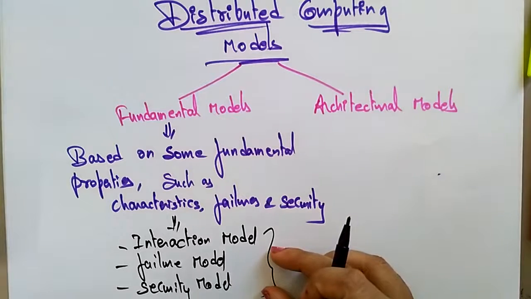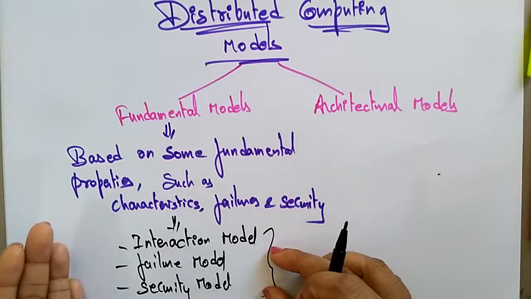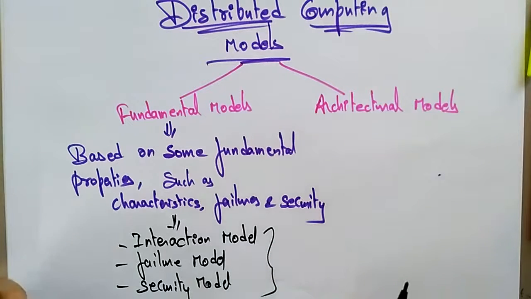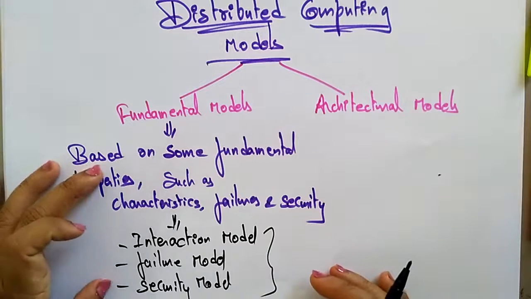If you want to design a distributed computing system, you have to think about the fundamental models also: what are the characteristics of that system, is there any failure, and how you are going to provide security. These all come under the fundamental models.